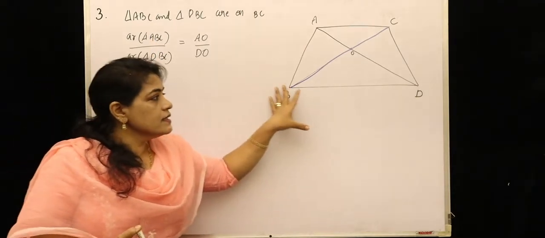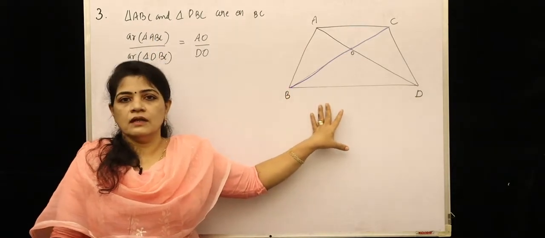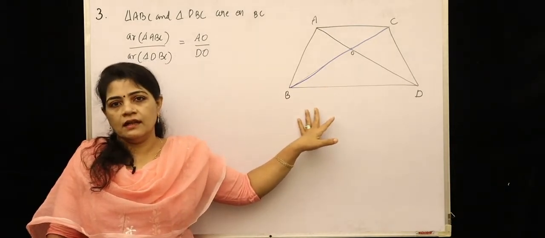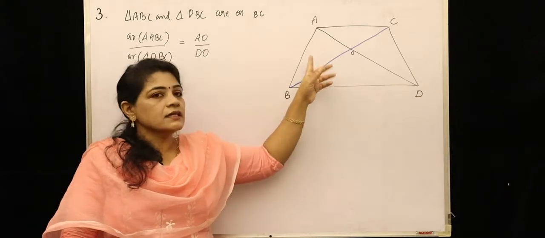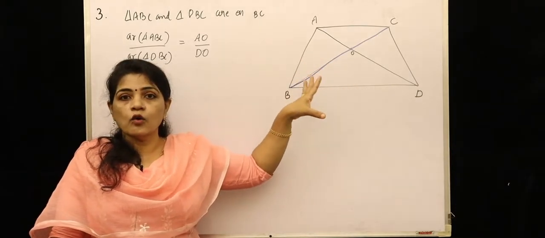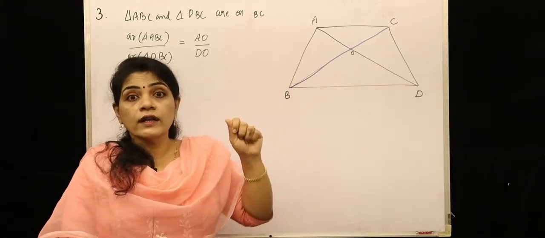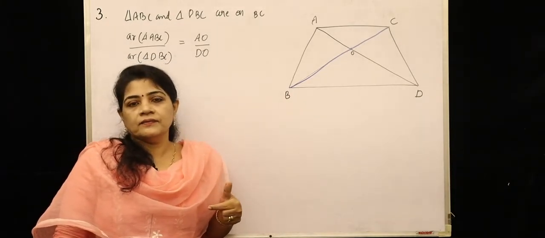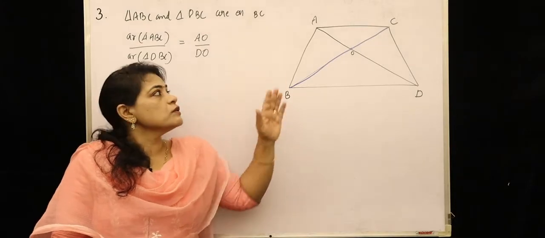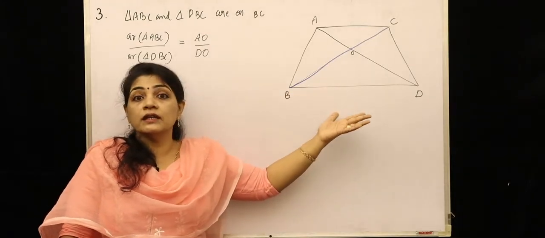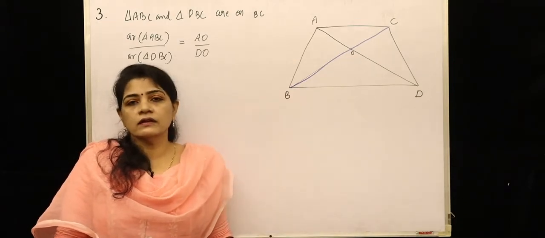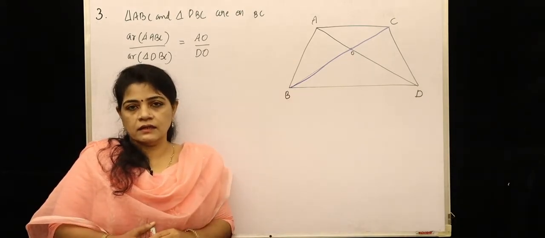But in this case that is not possible because nothing is said about the type of the quadrilateral. Children, this is a transversal, but you can mark alternate interior angles as equal only when a transversal cuts two parallel lines. It is not given in the question whether AB is parallel to CD or not, that is not given. So how can we take that result?